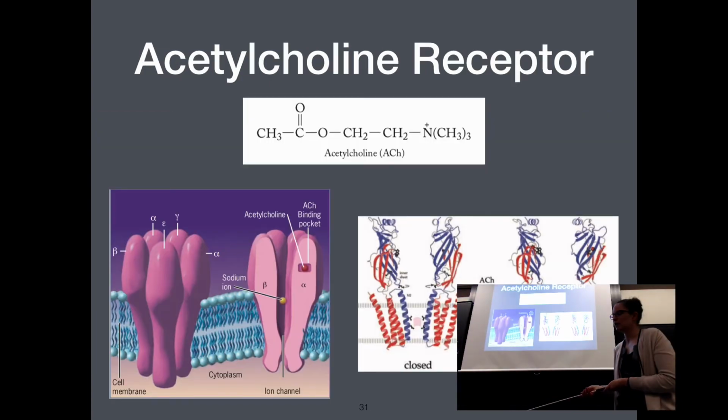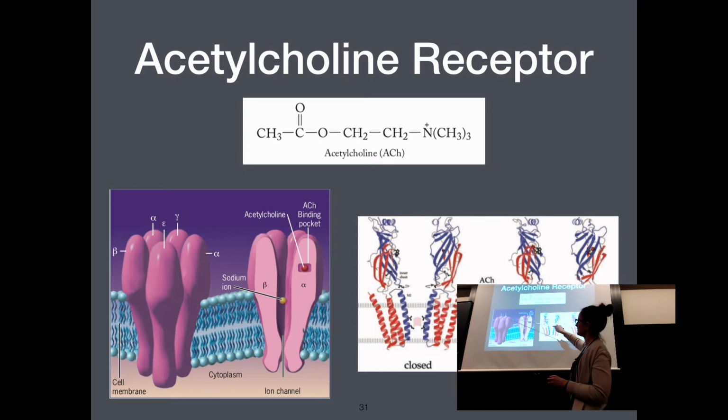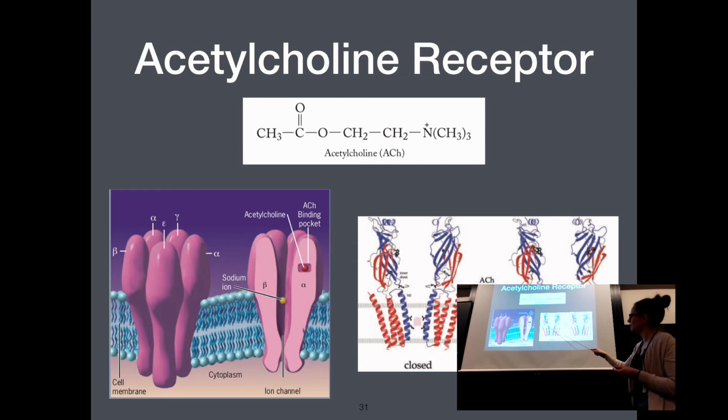This is what these channels look like. They're, in a way, completely different from the other ones, but still made of transmembrane helices. Instead of being tetramers, they're pentamers: 1, 2, 3, 4, 5 subunits, all slightly different. Each subunit is made of 4 transmembrane helices.